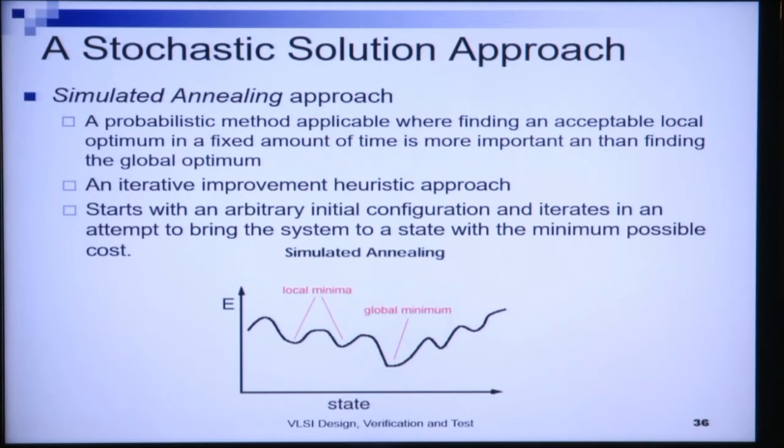Each point corresponds to a different configuration in terms of which functional units have been allocated to which operations, and which temporary variables have been allocated to which hardware registers. So that is a configuration, and for that configuration we will have a total functional unit cost, a total register cost, and a total multiplexer cost, and that will give an estimate of the total area that will be required by the circuit.